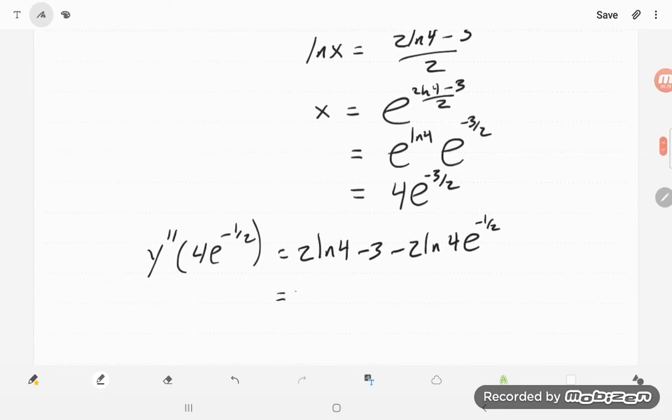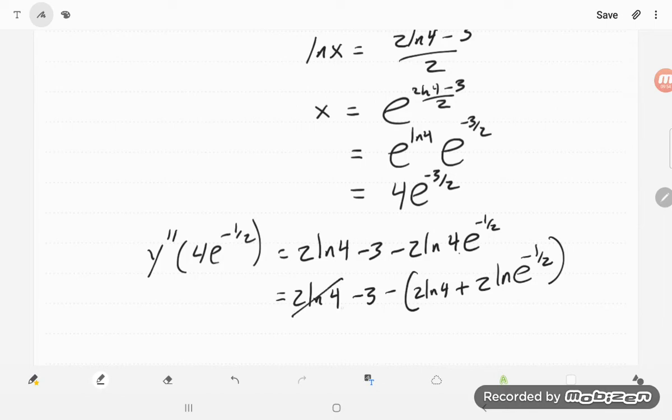Okay, so that's 2 log 4 minus 3 minus 2 log 4 plus 2 log e to the negative 1 half. Because we can split up that multiplication into a plus, and the 2 out in front has to go with both. But notice, oh, wow, amazing.